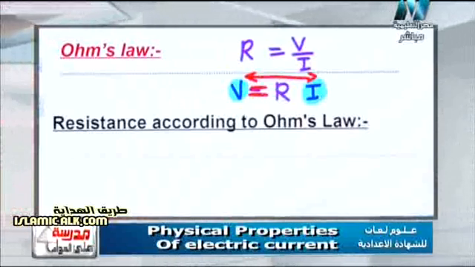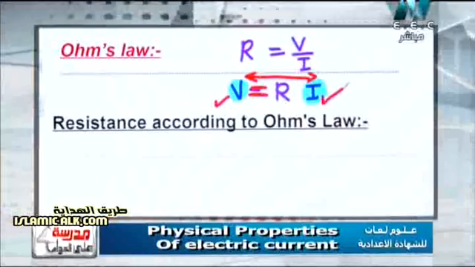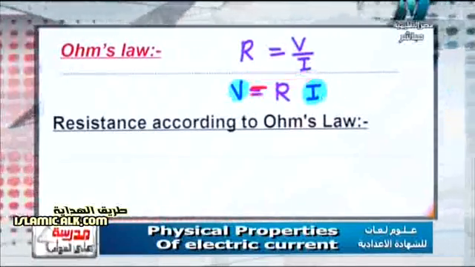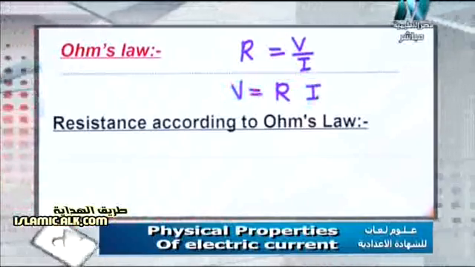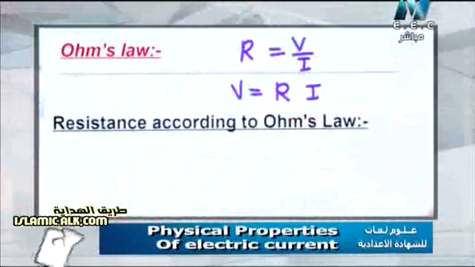We talk about V, potential difference, and I, electric current intensity. So from these steps, we can now define Ohm's law.